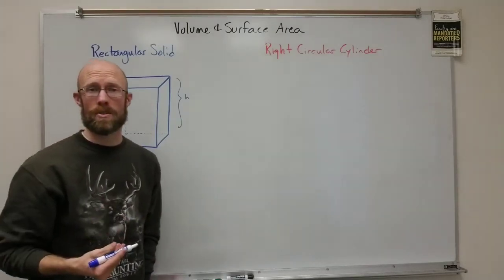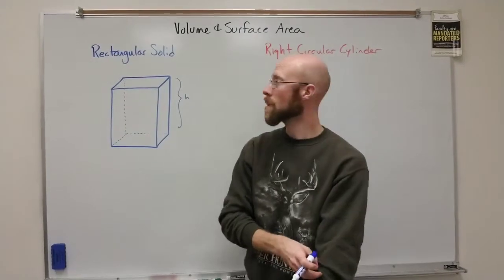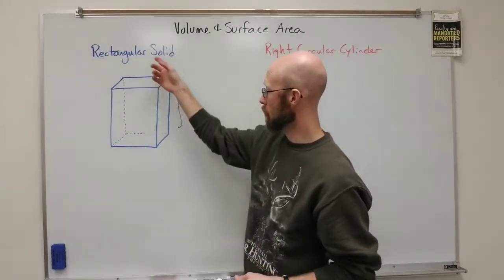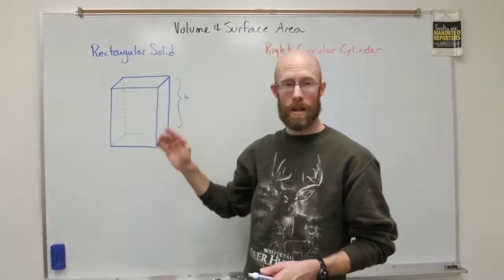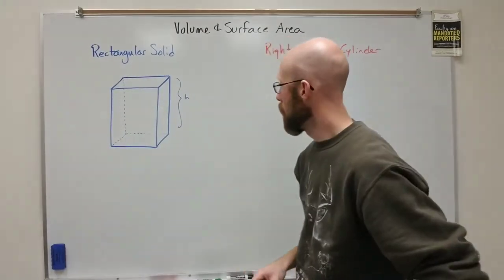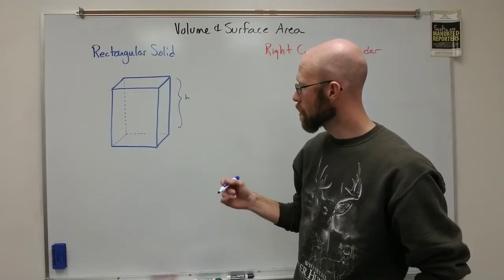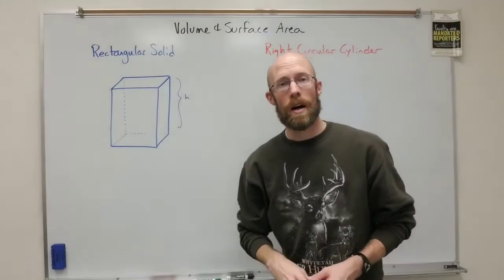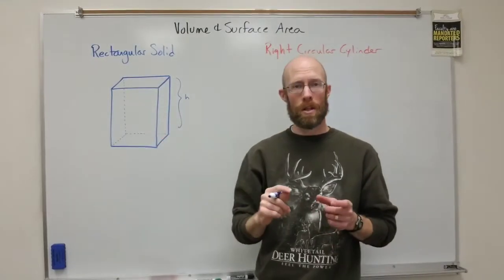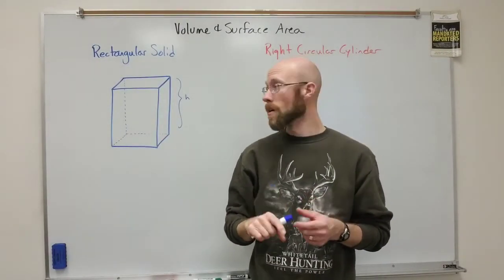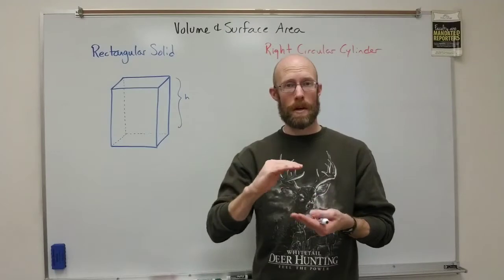Now there are 6 rectangular surfaces put together on this rectangular solid. One in the front, one in the back, top, bottom, left, and right. So that's 6 total. And you can imagine, hopefully, that you could fill this up with little cubes. Cubes are rectangular solids that all have the same dimension, all 3.